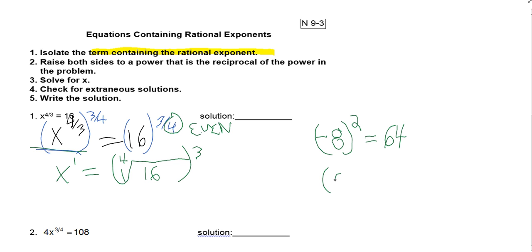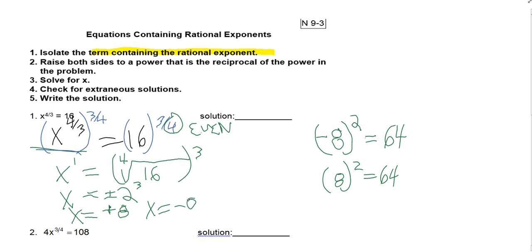And if you have a +8 and you square it, it's also equal to positive 64. So anytime you have an even root, then we're going to have a plus and a minus. So we have plus and minus 2 cubed, and of course that's just x equals plus 8 and x equals -8.